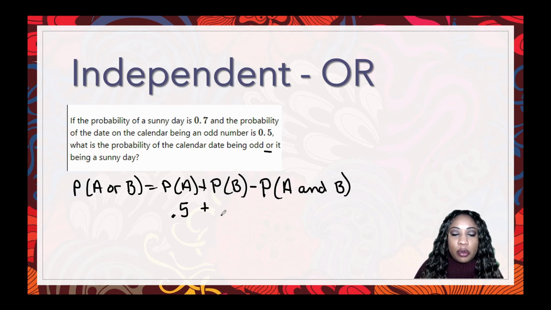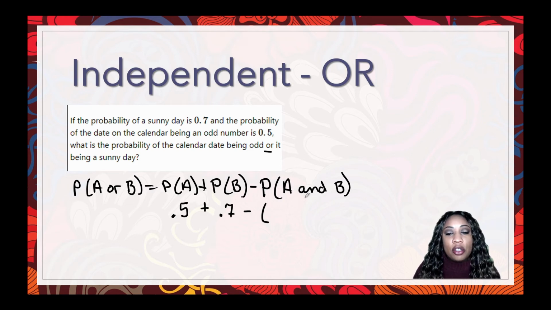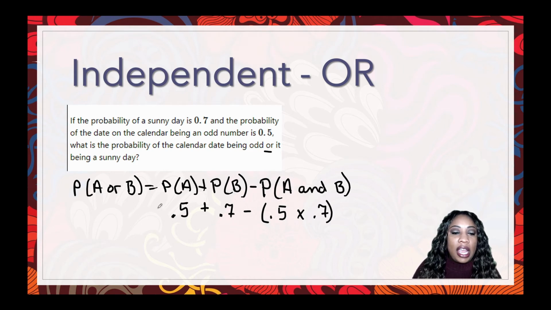And that is 0.7. And then we're going to subtract the probability of A and B. So remember, the formula for the probability of A and B is the probability of A times the probability of B. And you can put that directly in your calculator just like this. Make sure that you use the parentheses, and that is going to give us 0.85.